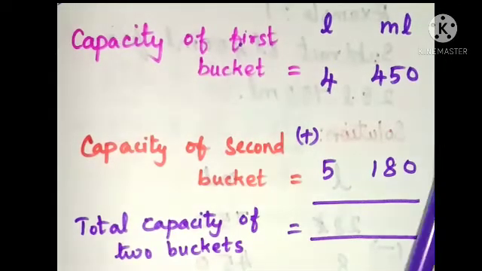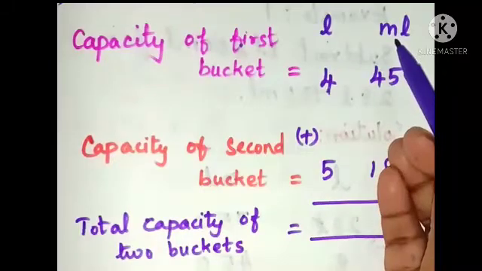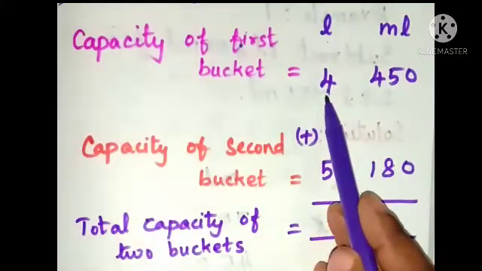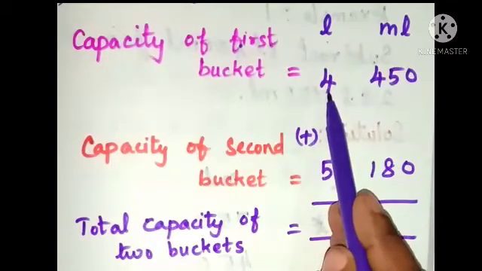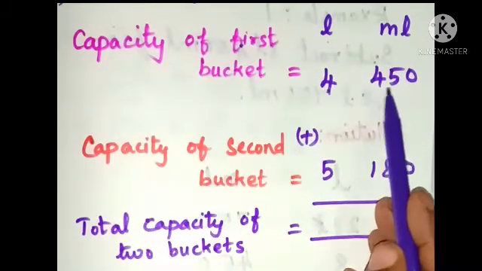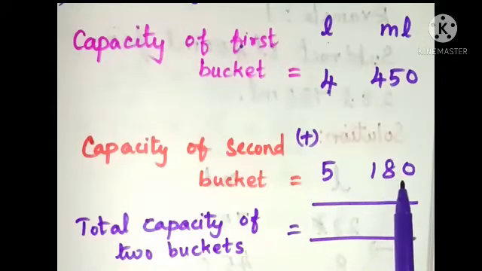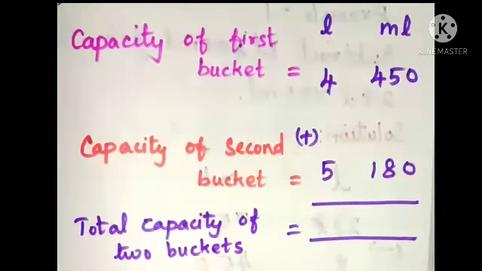Now liter and milliliters, so write down separately. So here in liter write down 4 and milliliter 450. And 5 liters 180 milliliters. So we know how to do this addition.